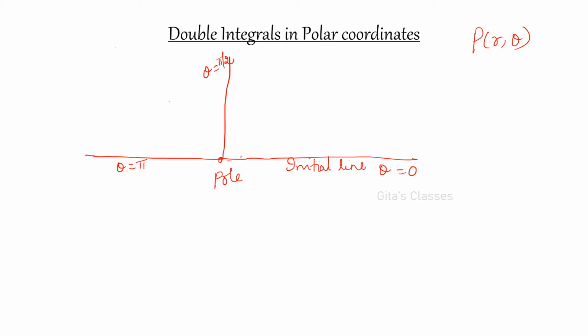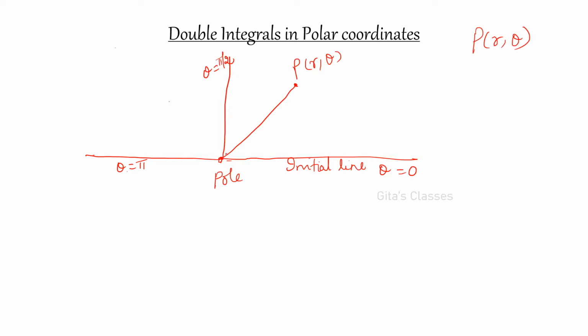That is how much you are rotating the initial line in the anti-clockwise direction. If you rotate by pi by 2, 90 degrees, you will get this line. Again, one more 90 degrees, you will get theta is equal to 180. And if you draw one line here, let us assume this is the point P of r comma theta.